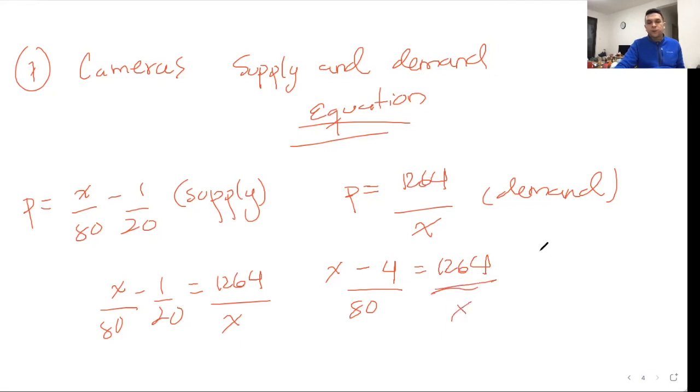I'm going to cross multiply this, so I get x squared minus 4x equals 1,264 times 80, which is 101,120.